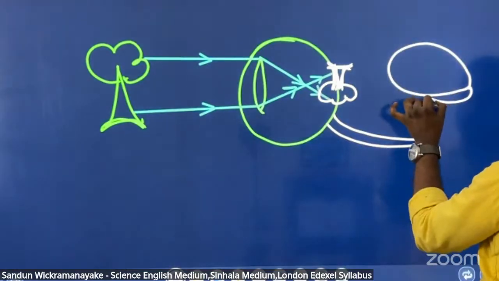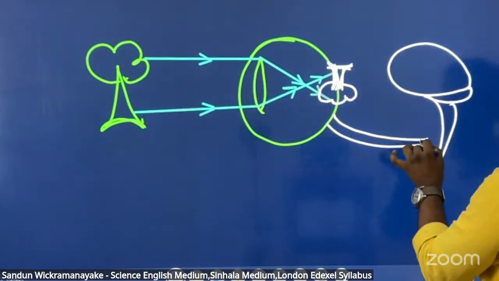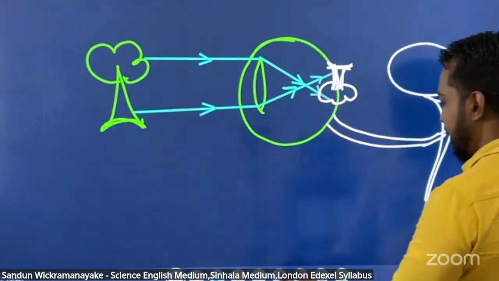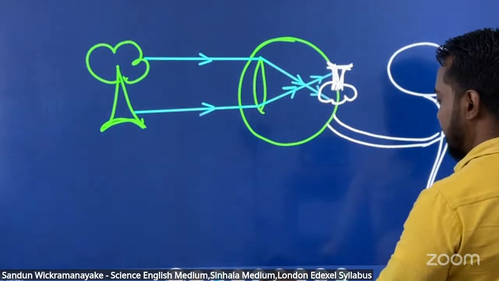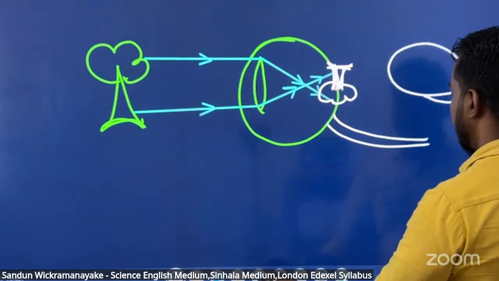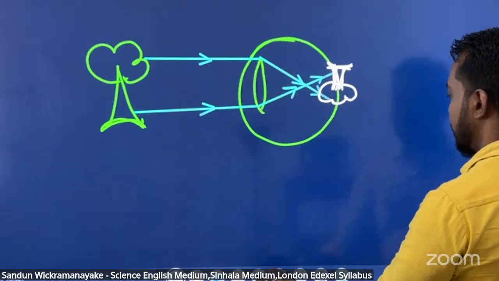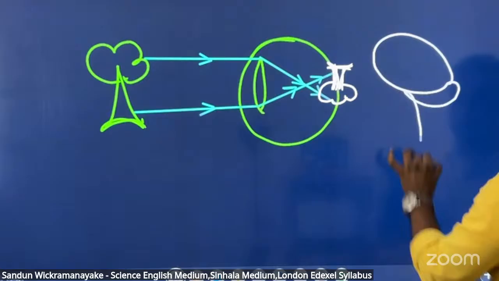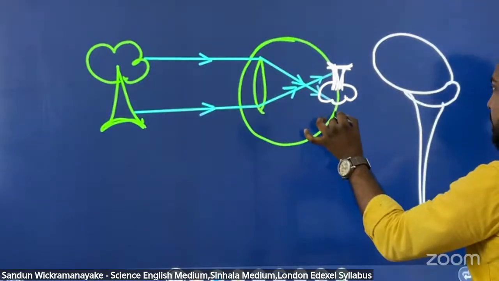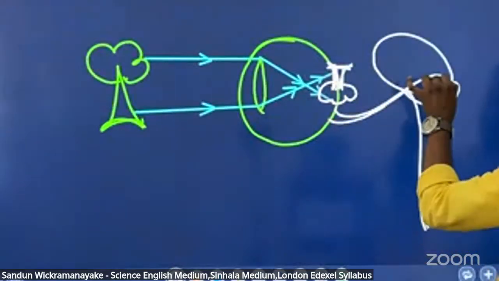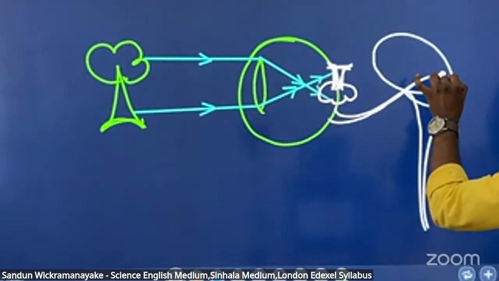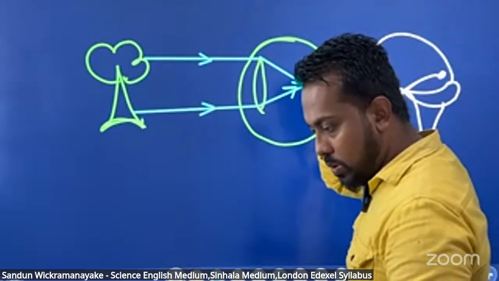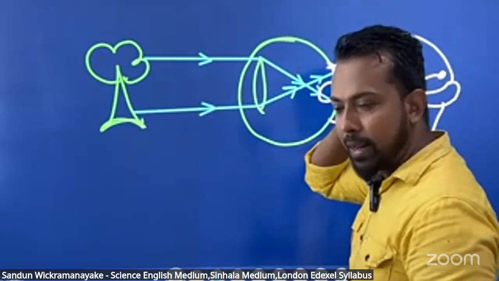We have a good brain. This is our brain. This is the optic nerve. The electric pulse should go to this place. This is the place that identifies the light rays and that electric pulse.